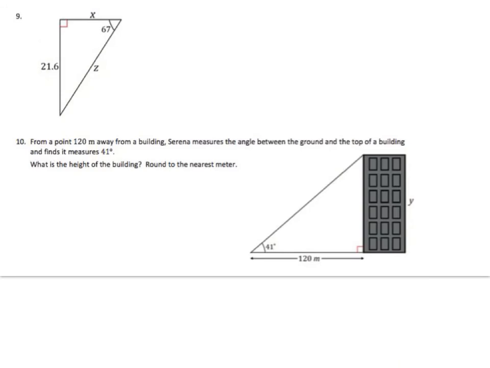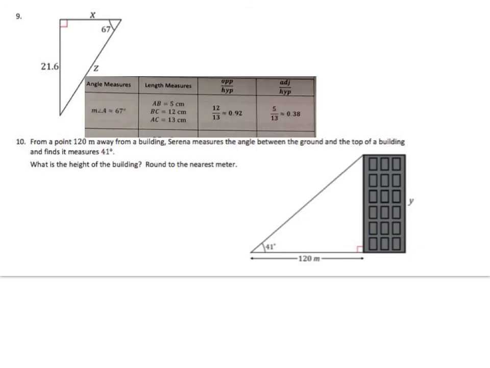Okay, number 9, I'm at a 67-degree triangle, so let me look for that angle. So, opposite over hypotenuse. Here's my hypotenuse. Opposite of angle 67 is 21.6 over z, and I'm going to compare it to this ratio right here.